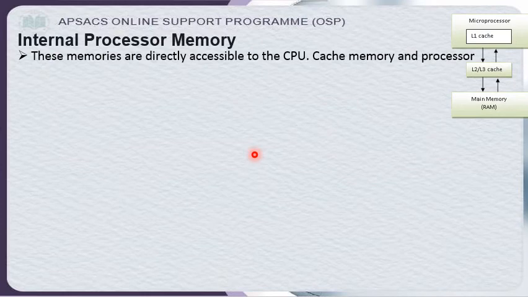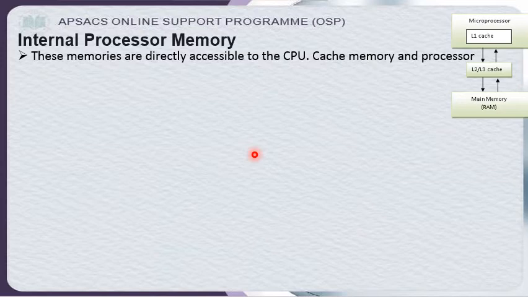Internal processor memory, as its name shows, is the memory which is inside the processor or close to the processor. So this memory is directly accessible by the CPU. Here the words CPU and processor have some difference.